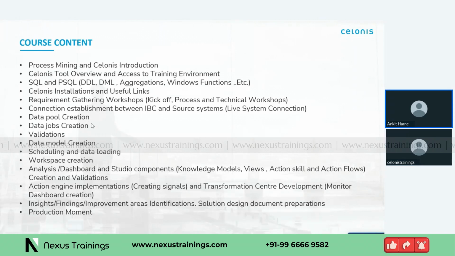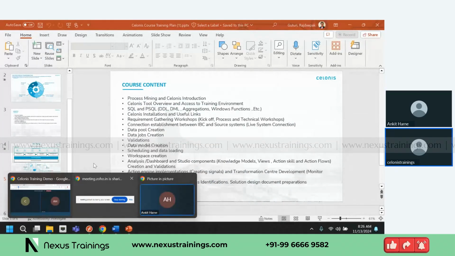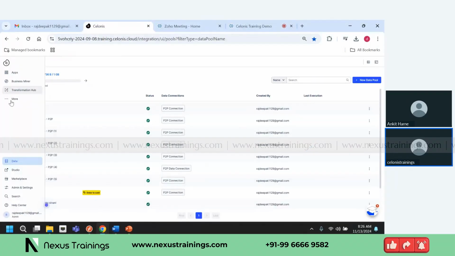So you would be working on the enterprise edition definitely in your organization. If you see the tool, this is how it looks. It's the training environment, but it's the same as EMS. Now you no longer see the old versions; it's an EMS version. You can see everything like however it is in real time.